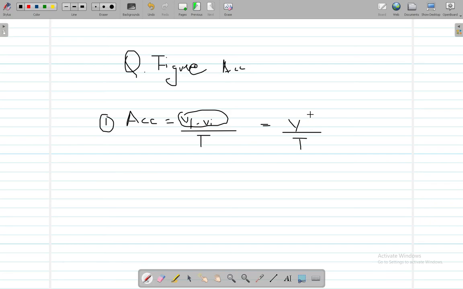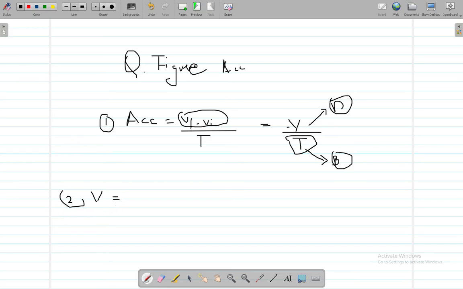You are going to write the dimensions again. Now as you can see, T is a base quantity, but here V is a derived quantity. So you are going to take out this derived quantity, velocity, and calculate the dimension of velocity first.